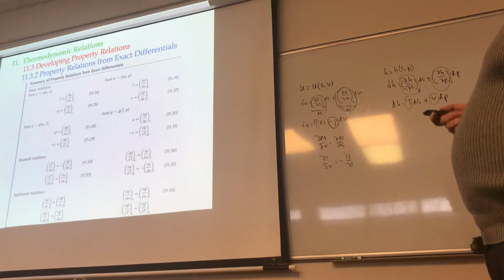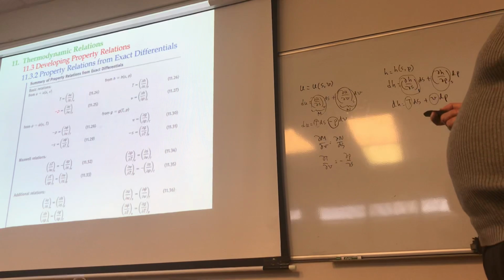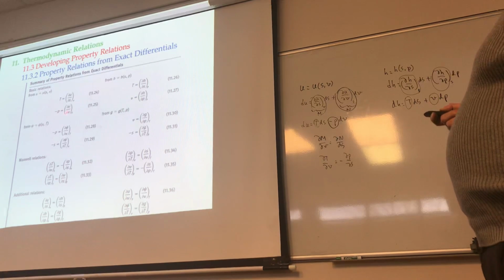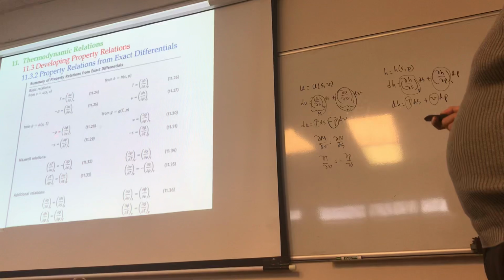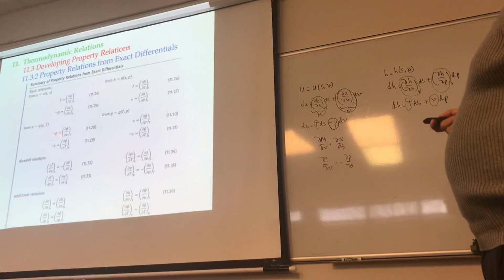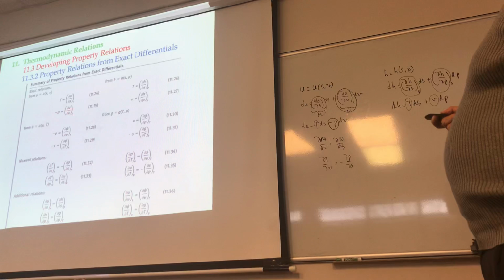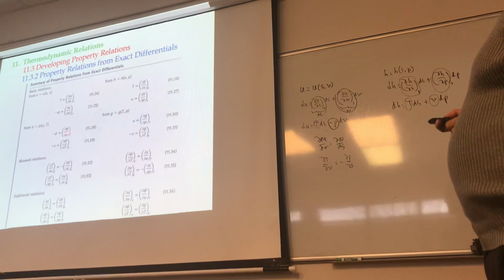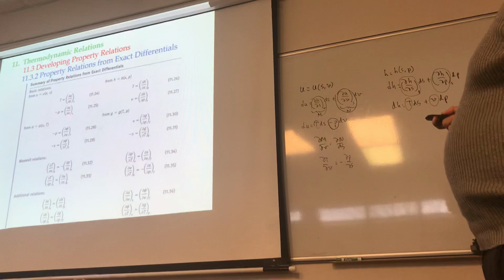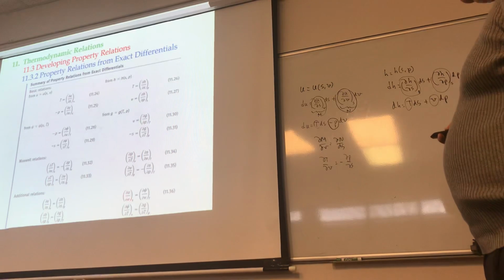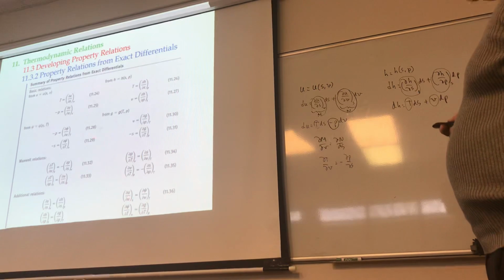This is equal to negative P, minus pressure, and this one is minus pressure. So what can I conclude? I can conclude that this derivative is equal to this derivative. Does it make sense? Look at this one, for example. dU over dv at S has to equal dψ over dv at T. Why?